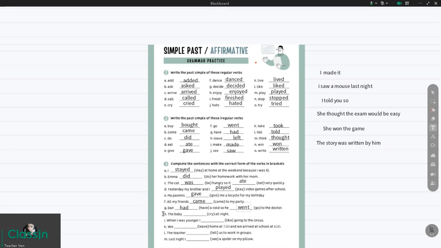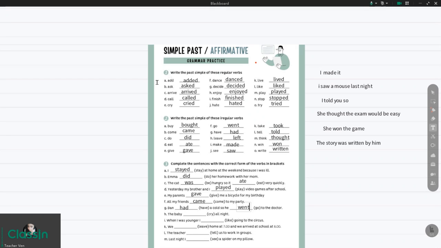Next one, for the letter H, let's read. The baby blank, our verb here is cry all night. Again, the baby blank cry all night. What is the simple past form of the word cry? Let's check here.